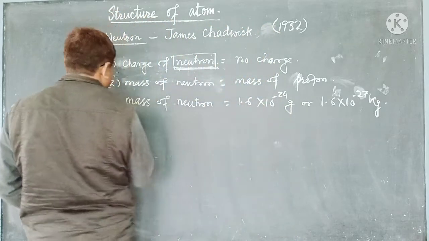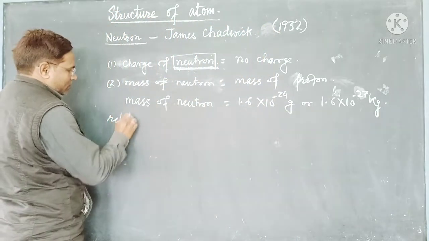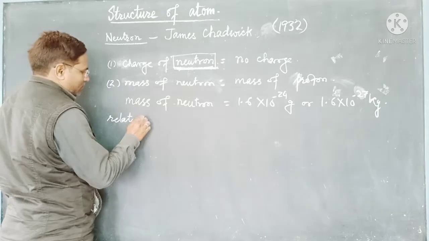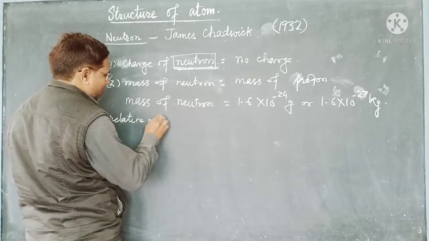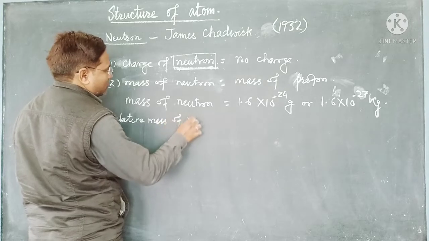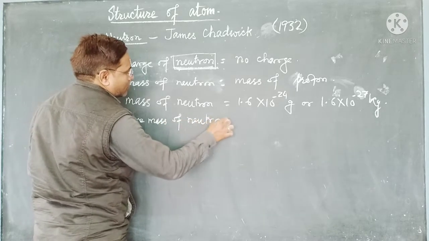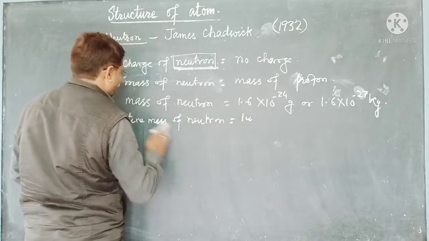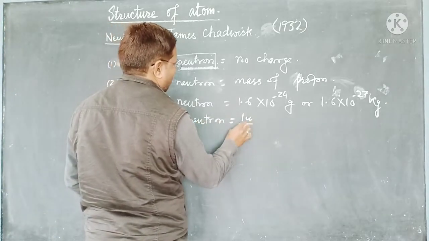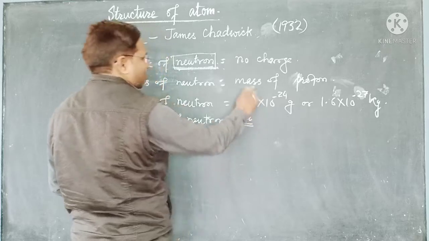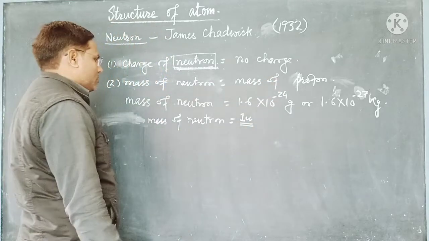And if we take the relative mass, then it will be 1 U. In terms of U, the mass of neutron is equal to the mass of proton, that is 1 U.